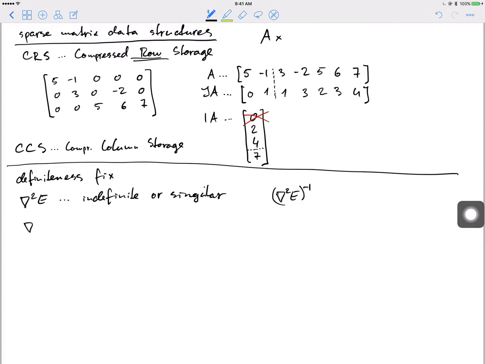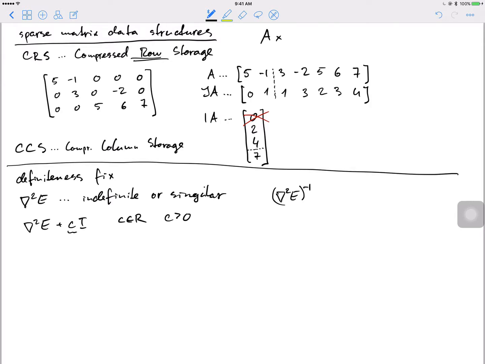And we said that the one solution for that is to add what? Do you remember? It's to add a multiple of the identity matrix. That's the simplest definiteness fix. In statistics, that's called Tikhonov regularization. It's a very basic way to fix that, because C is just a constant greater than 0.